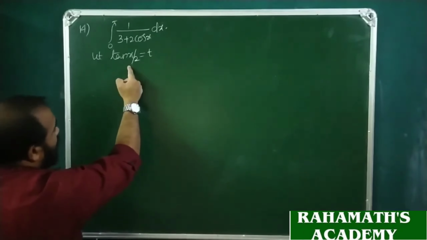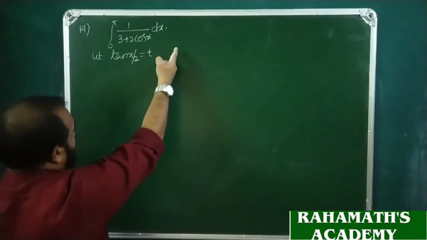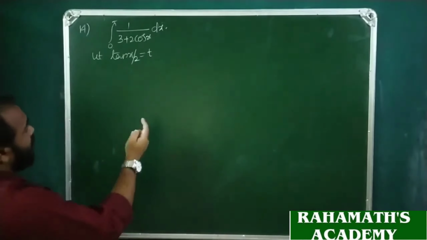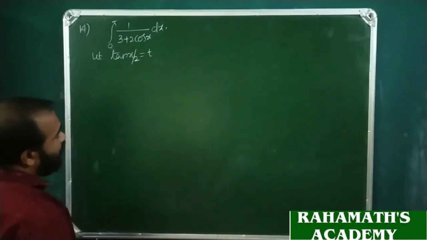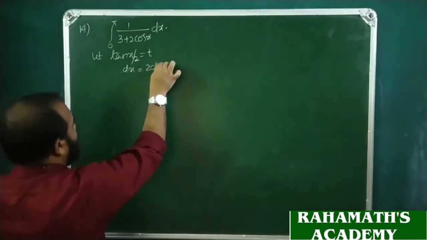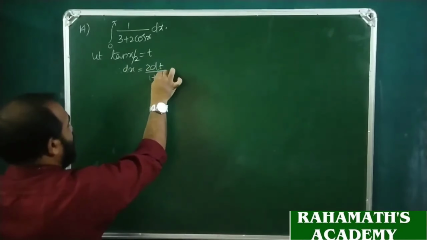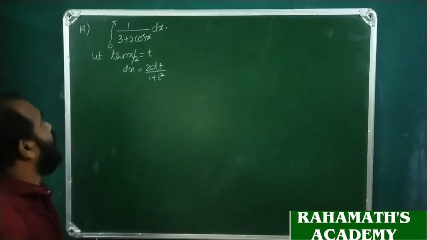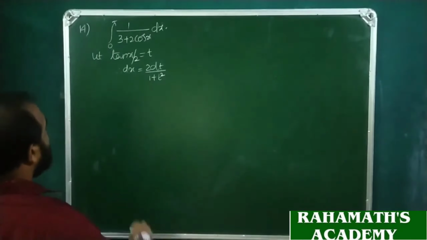So dx is equal to, if you take the 1 by 2 to that side, 2 dt by secant square x by 2. Secant square x by 2 is 1 plus tan square x by 2, so 2 dt by 1 plus t square. Therefore dx is equal to 2 dt by 1 plus t square. If you want more clarity, refer to the last question.